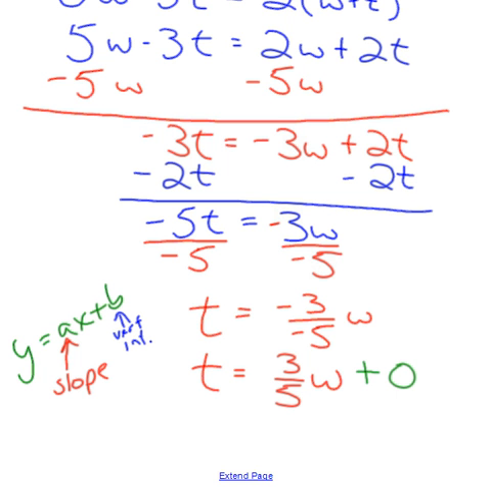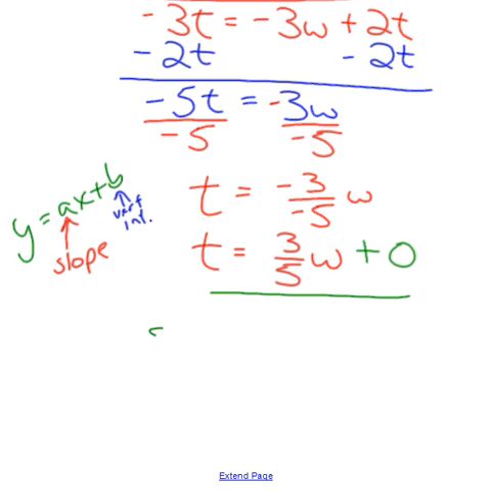So what we've just written is the slope-intercept form, and once we have that, we can read right off of it that the slope is 3 over 5 and the vertical intercept is 0.